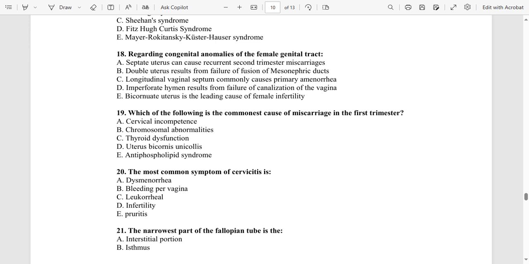The hymen is there. So it doesn't result from recanalization, which is happening before the imperforate hymen. Would you just say that again?